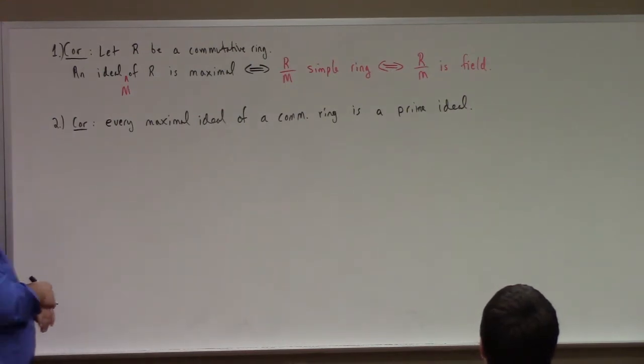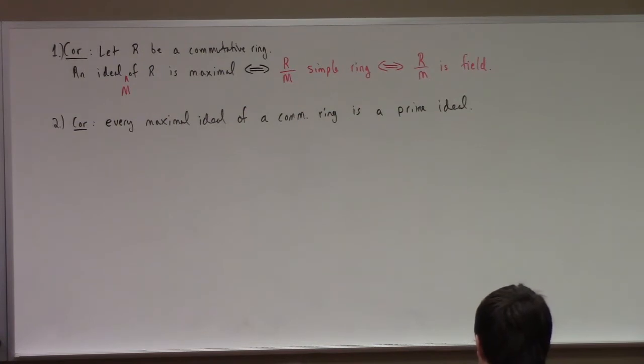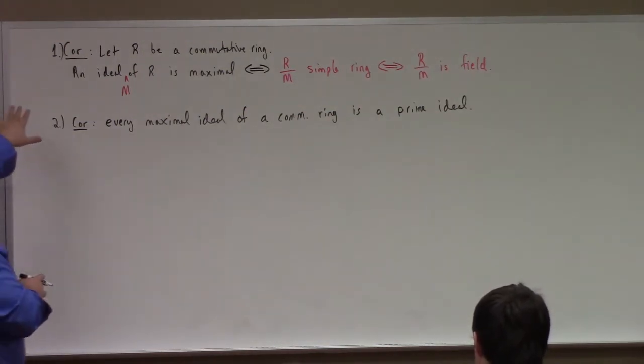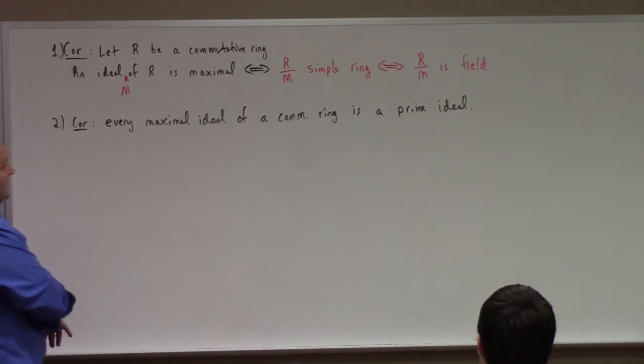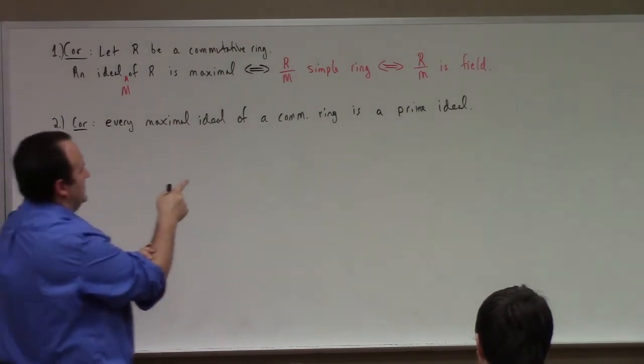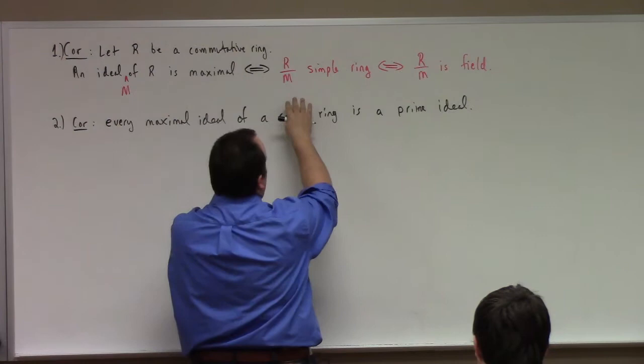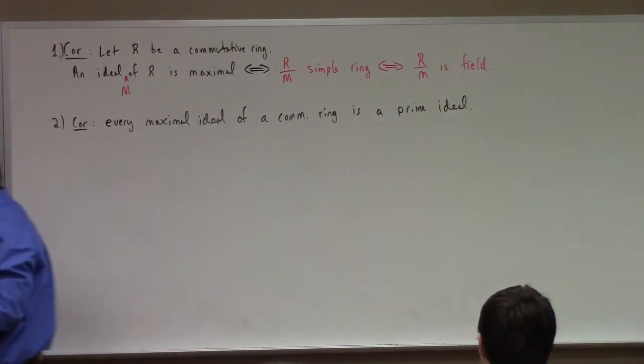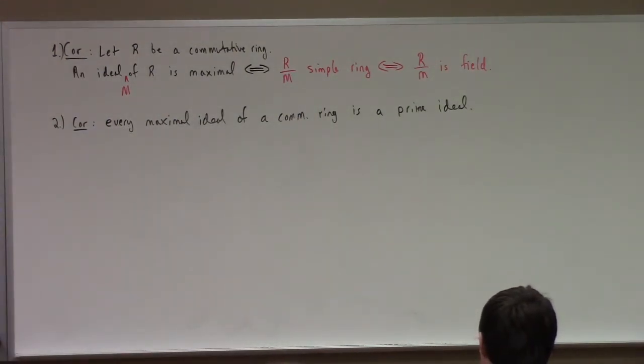I think the sentence I just read is actually the proof of this, not the latter one. Sorry about that. This one is combining results that we had last time. Last time we proved that the quotient by a maximal, we proved that if it's a simple, oh, curses, I was trying not to get back into all that.